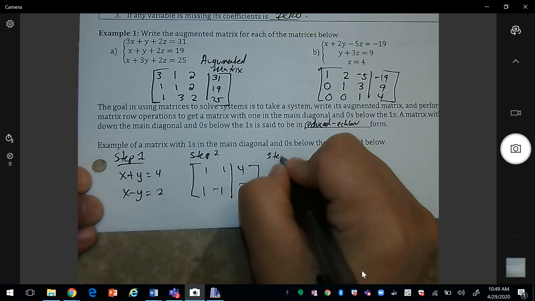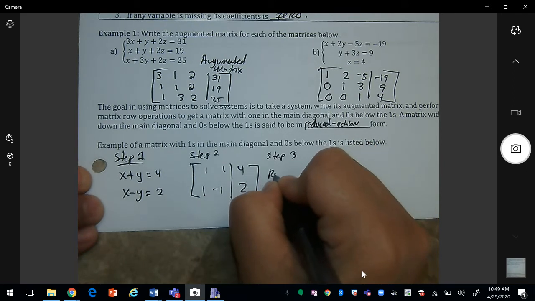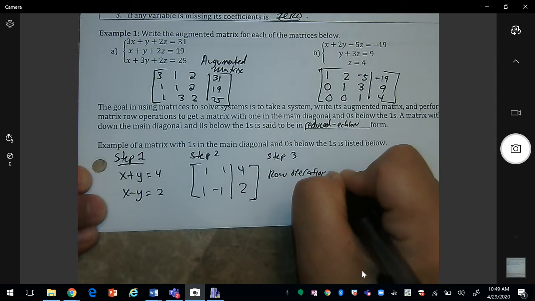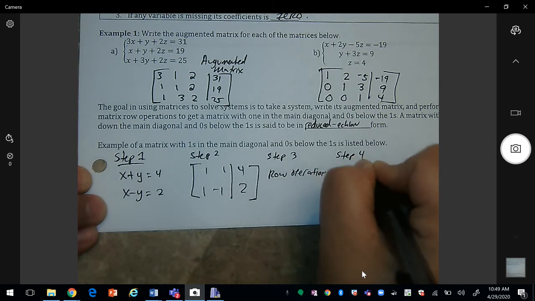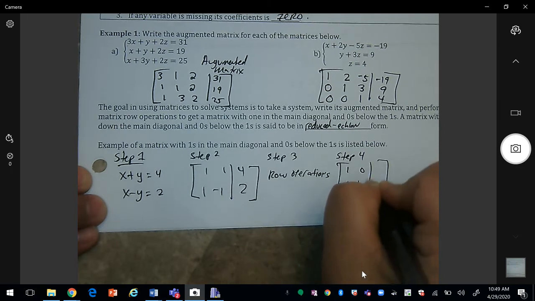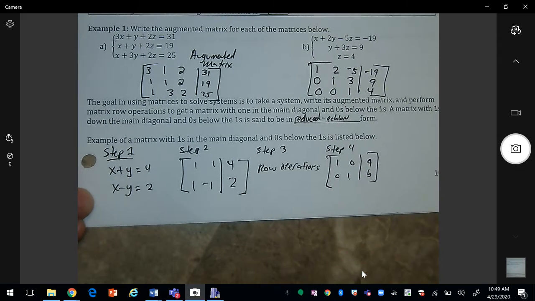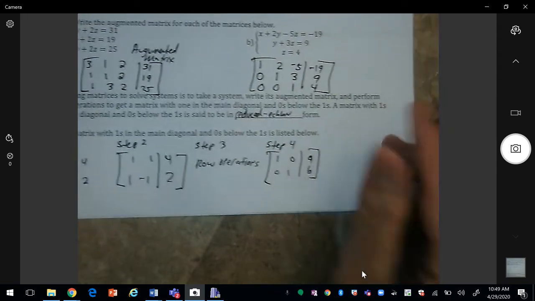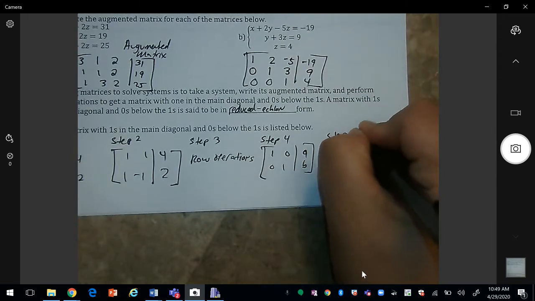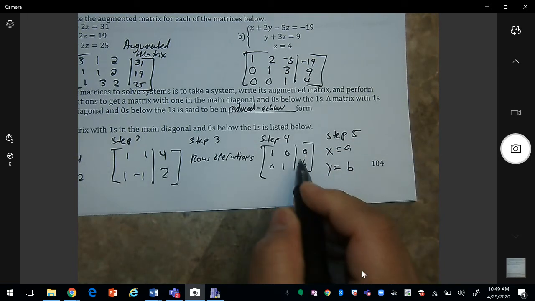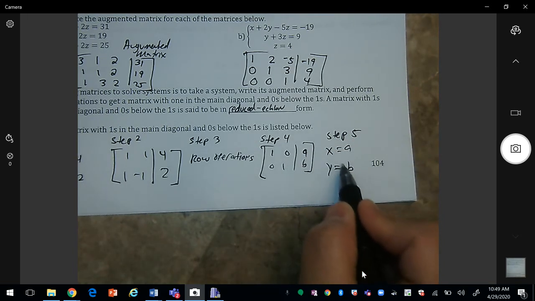And then we would perform row operations, which we'll talk about in a few minutes. And eventually with those row operations, we would rewrite our system to look like this, where you have 1 in the diagonals and zeros everywhere else. And from there, we can get our solutions for x and y by rewriting this into a system of equations.